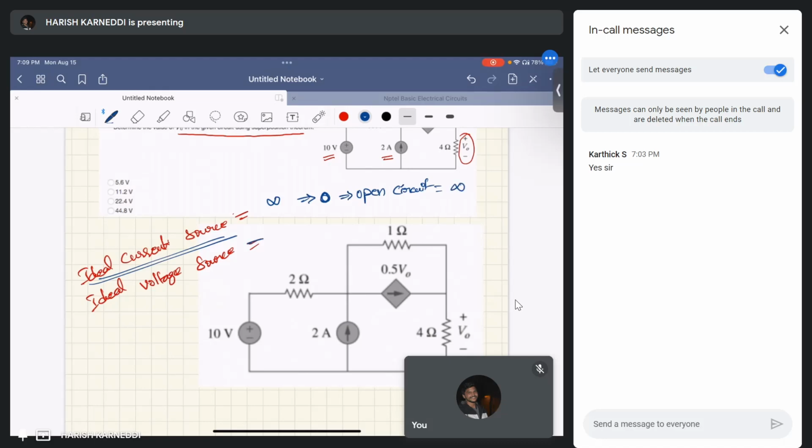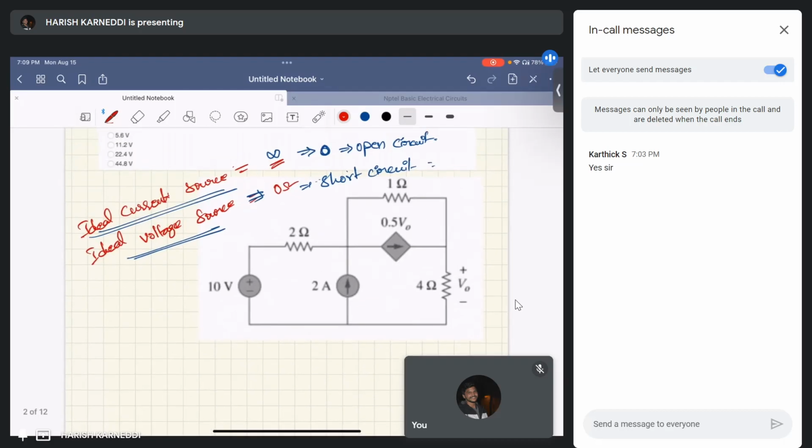Similarly, to make a voltage source zero, the voltage is zero, so it should be a short circuit. The resistance of a short circuit is 0. Therefore, the internal resistance of an ideal current source is infinite ohm, and the internal resistance of an ideal voltage source is 0 ohm.